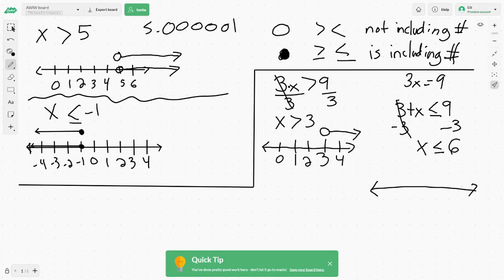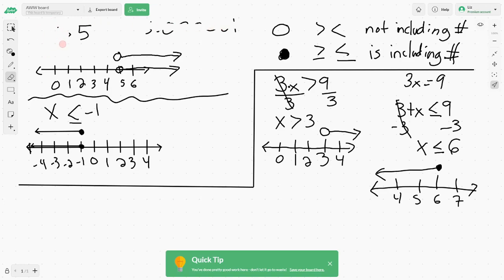If I wanted to graph that, on a number line, we're including the number, so it's going to be a closed circle, and we're including everything in that direction.